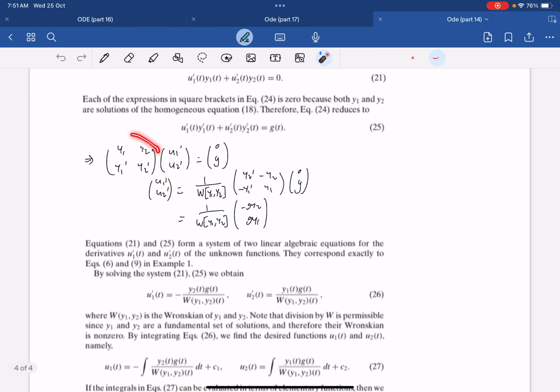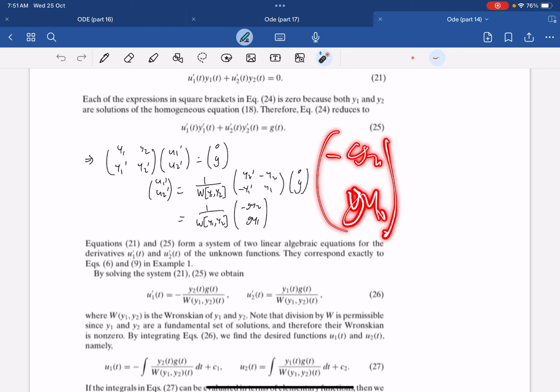Well, what you can do here is you take the inverse of it. And the inverse of this is 1 over this determinant. And the determinant of this is the Wronskian, right? So actually you have a straightaway formula for the following. And with this you multiply them together, you get minus g y2 and the second row is g y1, and you multiply this with 1 over the Wronskian.